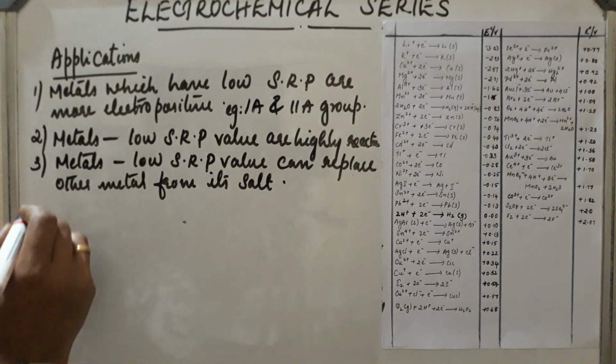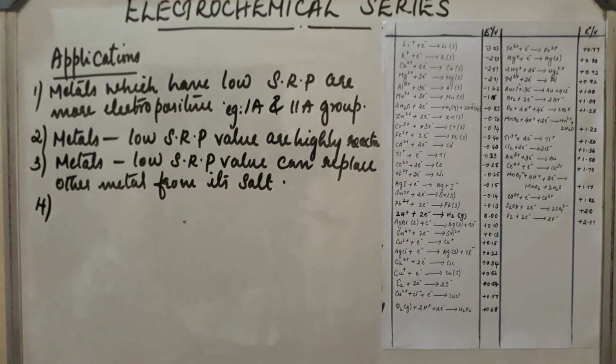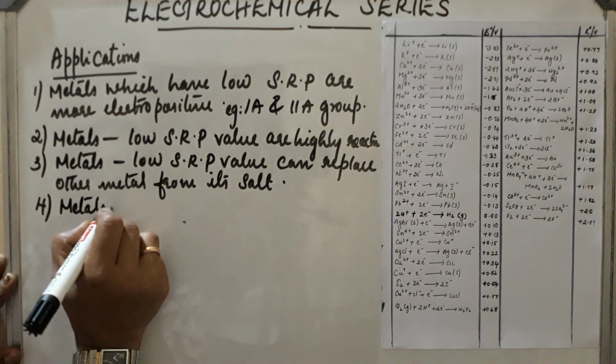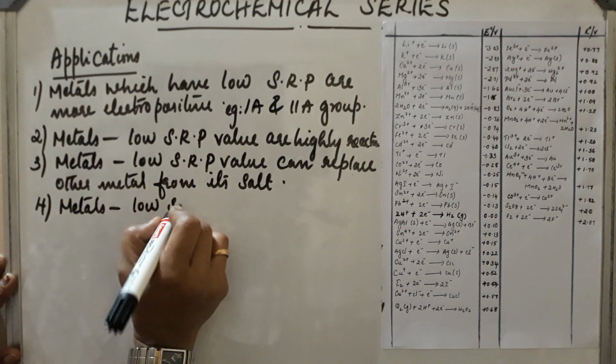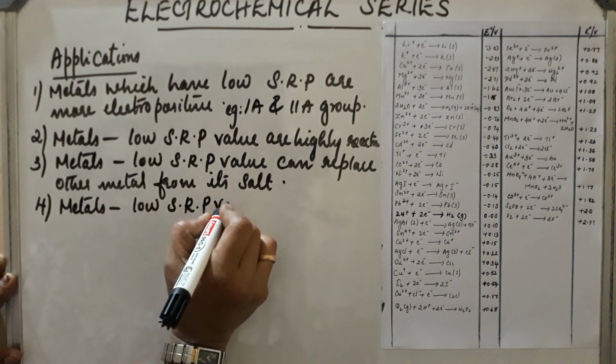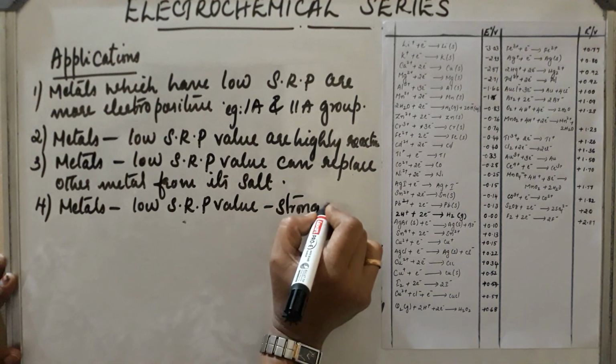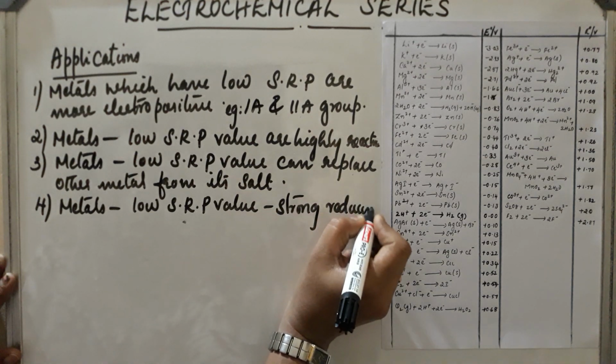Fourth point, metals which have low SRP value, that is more negative value, are strong reducing agents.